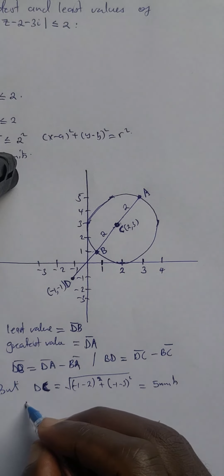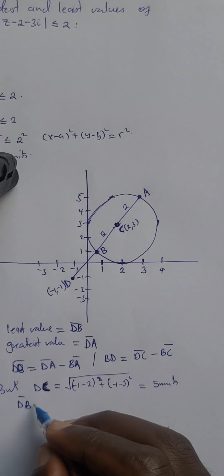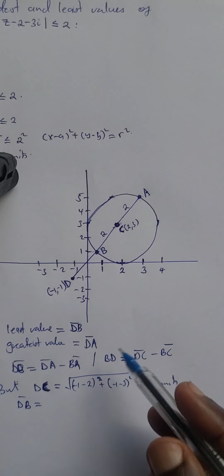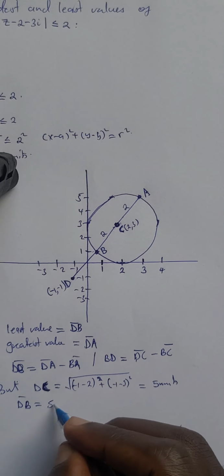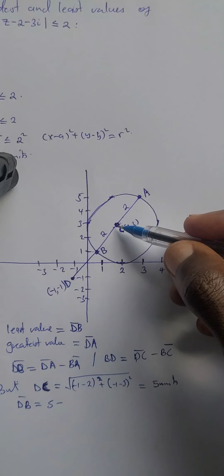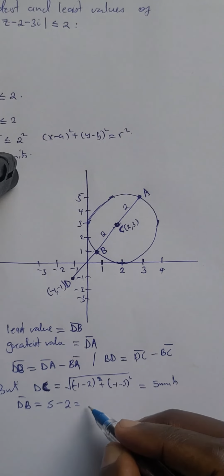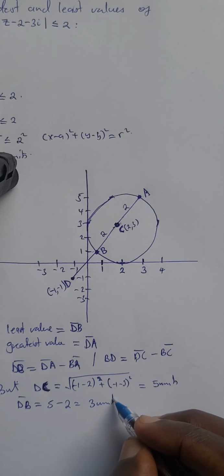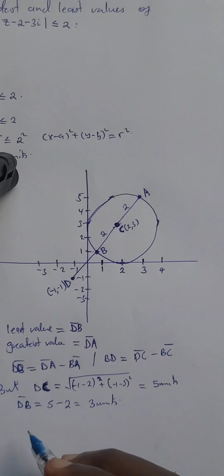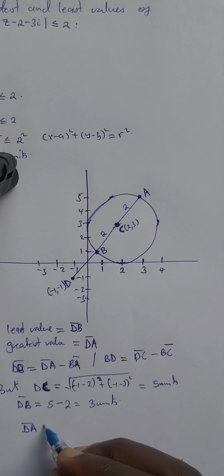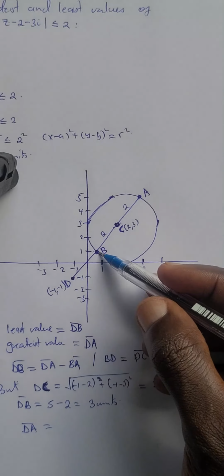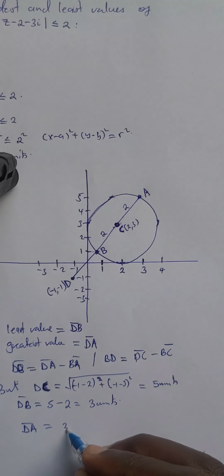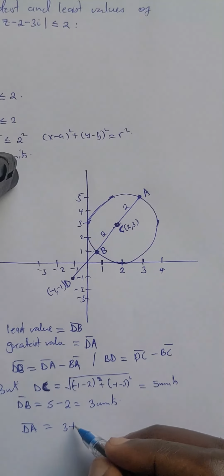So now my dB is going to be DC, which we have obtained as 5, minus BC, which is 2, which will give me 3 units. So that's the least value. Then we get the greatest. We said it's going to be dA. To get dA, I get dB, which is 3, plus BA, which is 4.